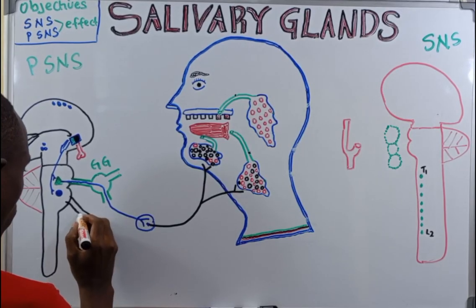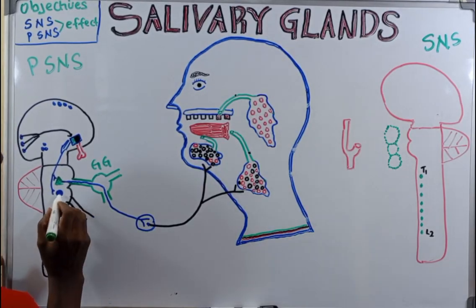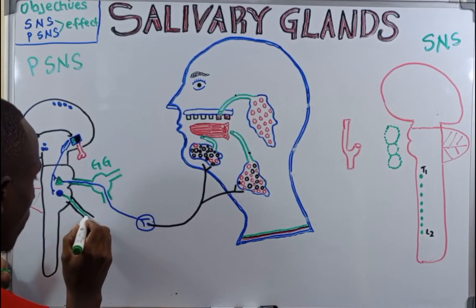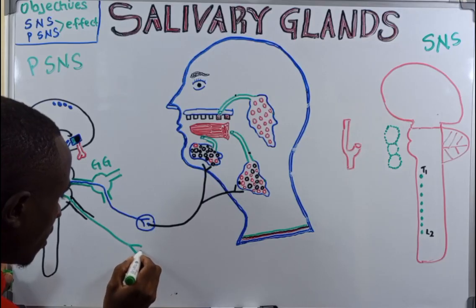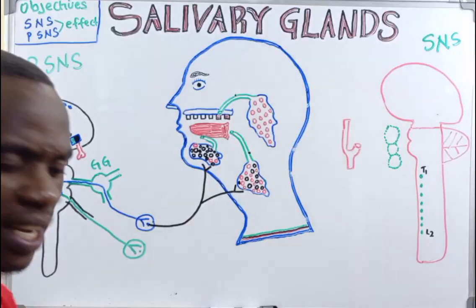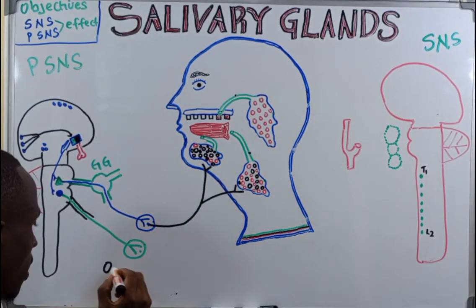So now our parasympathetic fibers from the inferior salivatory nucleus will move along with the glossopharyngeal nerve, and then terminate in this ganglion. Do you know how we call this ganglion? This ganglion here is what we call the otic ganglion.